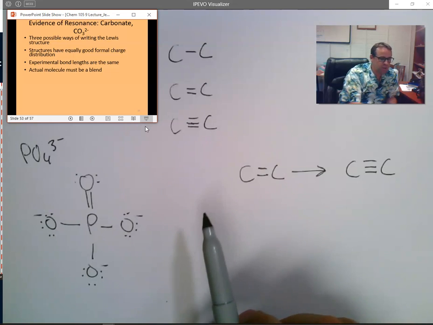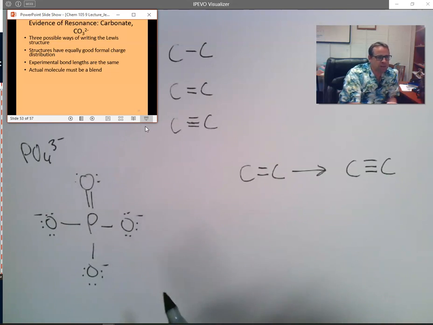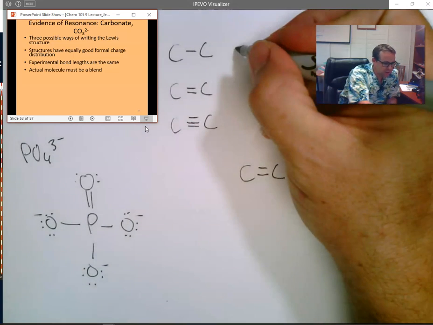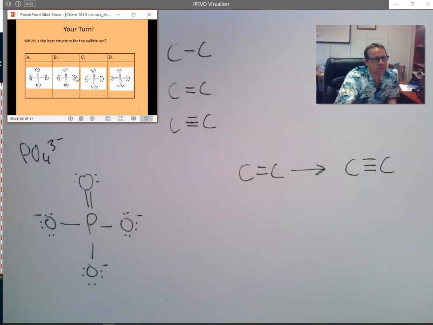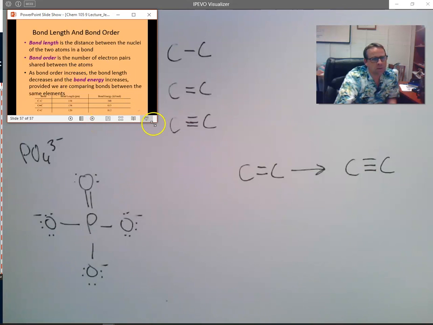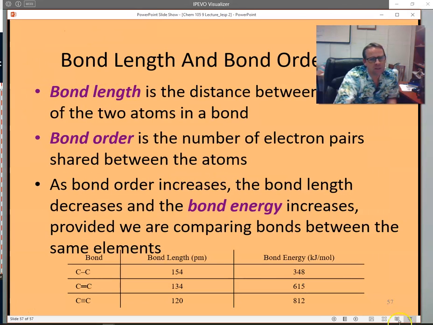And it also goes as far as the energy necessary to break the bonds. I have the slide here at the end that talks about this. And you can see that the energy necessary to break a triple bond is more than that to break a single bond, which hopefully follows the pattern that we're understanding.